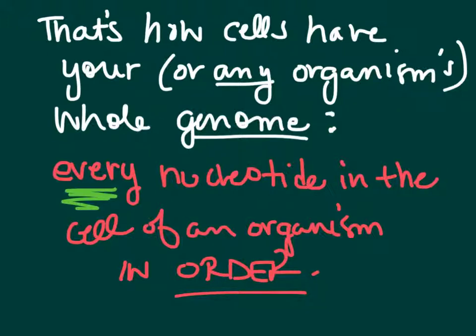That's your genome. So your 3 billion base pairs, because remember we said it's 6 billion total, so since they're paired, it means a strand of 3 billion in order. That's your genome. Now order here matters. Here's why.